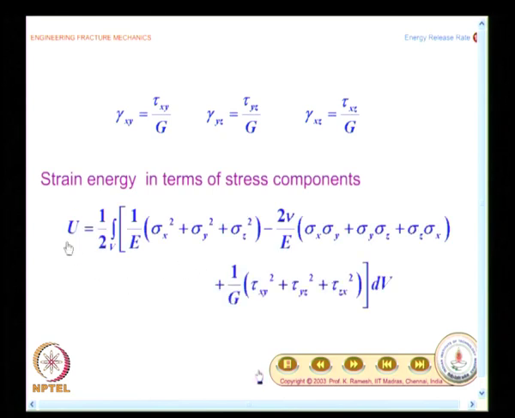If I want to get the total strain energy, I would integrate over the volume, and within it I have the terms like 1 by E into sigma x squared plus sigma y squared plus sigma z squared, minus 2 nu by E into sigma x sigma y plus sigma y sigma z plus sigma z sigma x, plus 1 by G into tau x y whole square plus tau y z whole square plus tau z x whole square. And you know very well that E is the Young's modulus, G is the shear modulus, and they are related by the Poisson's ratio.